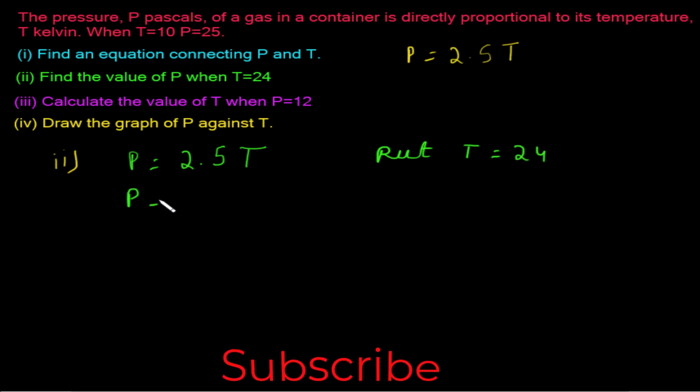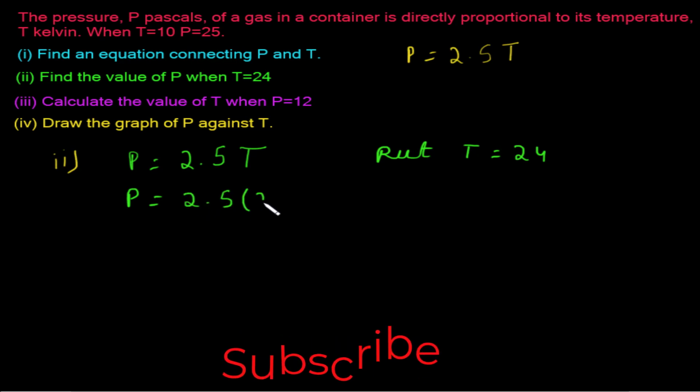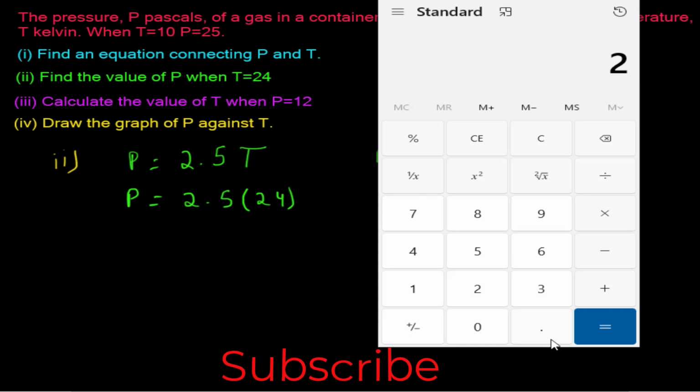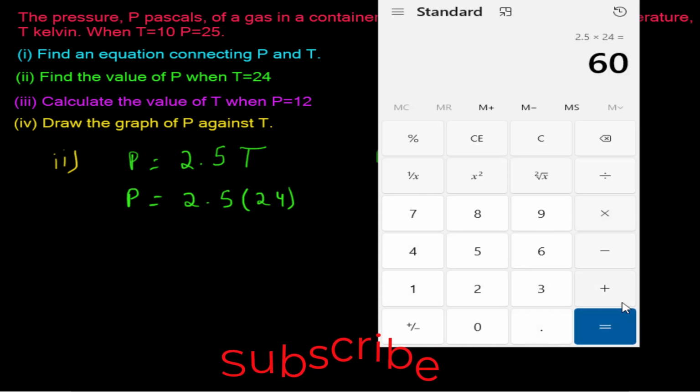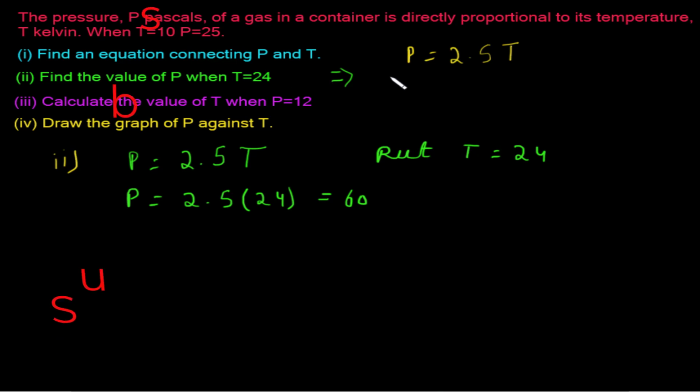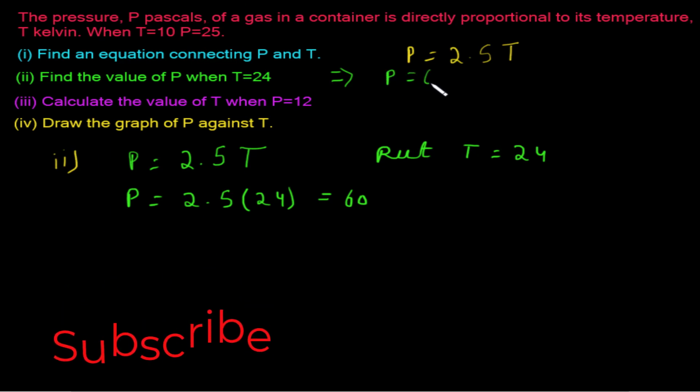So P is equal to 2.5 times 24. Using a calculator, 2.5 times 24 is equal to 60. So when T is equal to 24, P will be equal to 60.